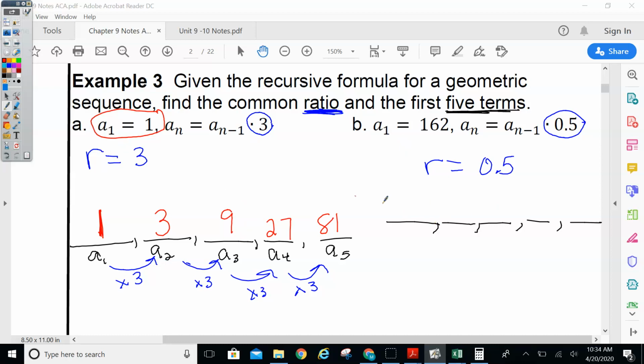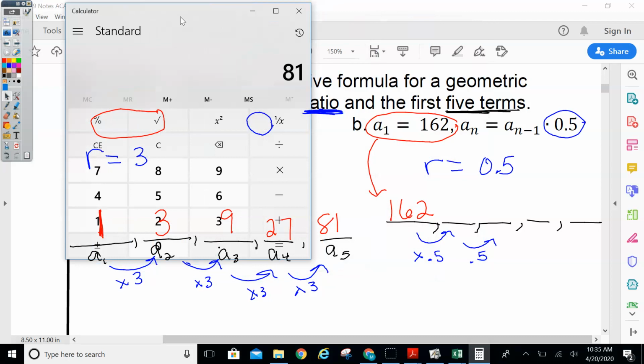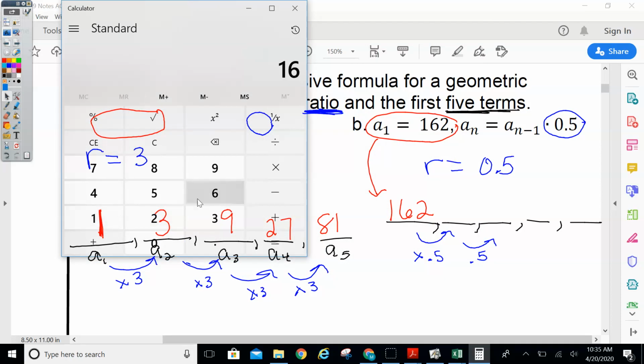Okay, so this one over here, A1 is the first one, 162. But now we're multiplying by half. So we're multiplying by 0.5. So I'm taking half of 162.